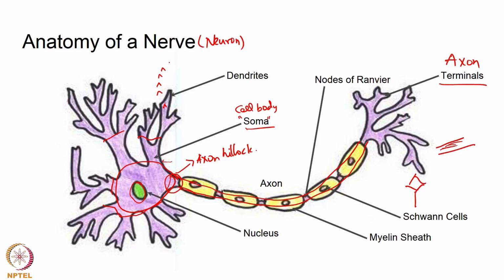So, before the effect of the previous stimulation dies down, the next stimulation comes in. This leads to a situation where if the response is like this, then the next input will cause a response like that, and the next input will cause a response like that. In this case, the response is summed over time. This situation is called temporal summation.